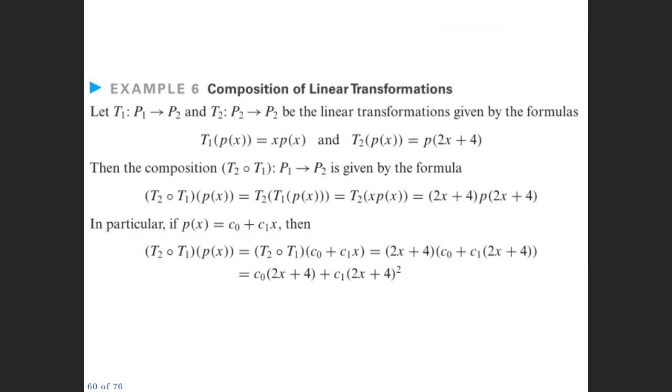Two examples. First example, let's suppose T1 maps from P1 to P2. So these are polynomials. I would write this as my special bold P1. And P2 is polynomials of degree 2 or less.